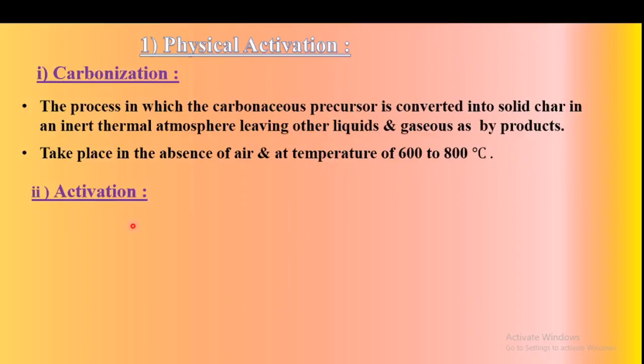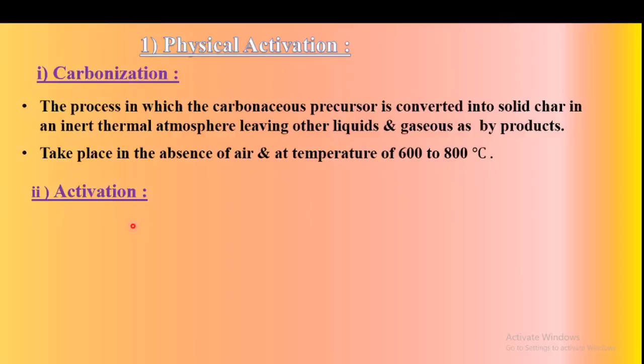So this is the first method, carbonization: the carbonaceous precursor is converted into solid char in an inert atmosphere, leaving other liquids and gases as byproducts.